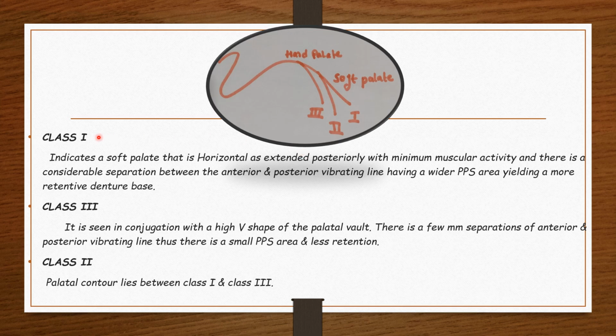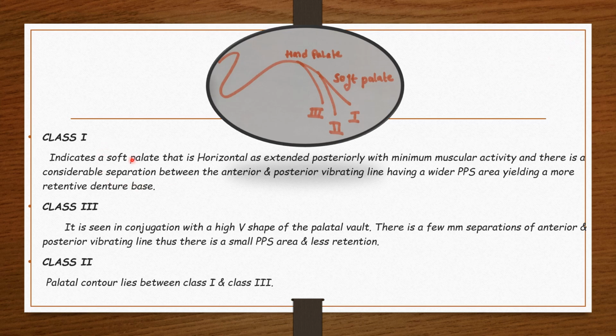Class 1 indicates a soft palate that is horizontal as it extends posteriorly, with minimum muscular activity. This classification is given by looking at the angulation between the hard palate and the soft palate. So this angulation will tell you at what angle the soft palate is to the hard palate.